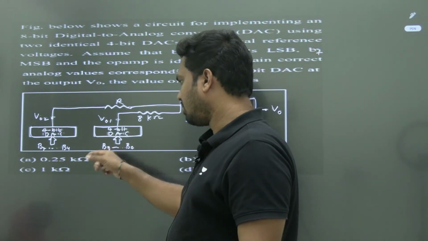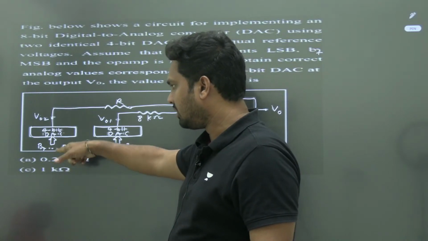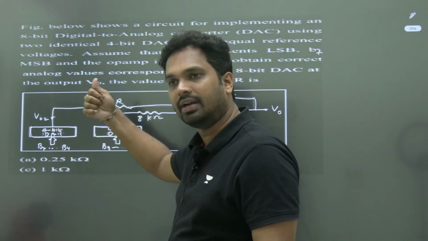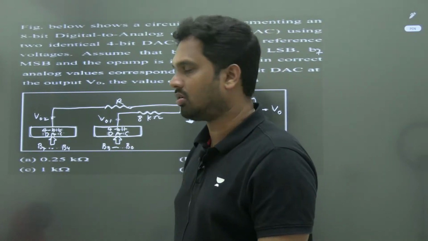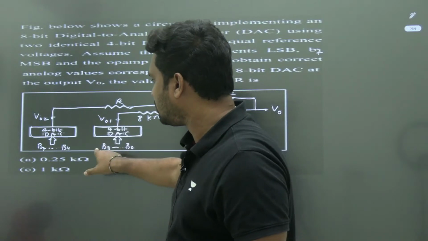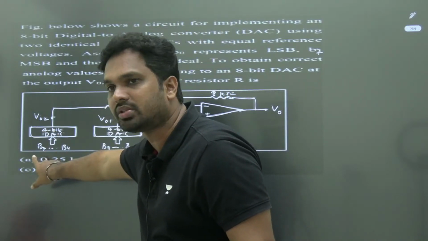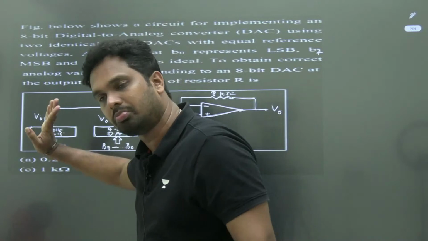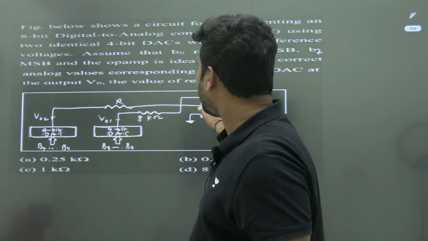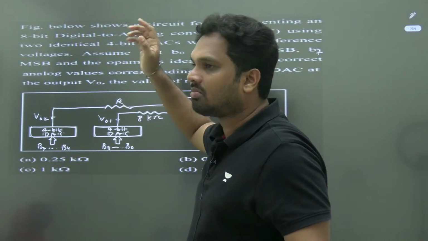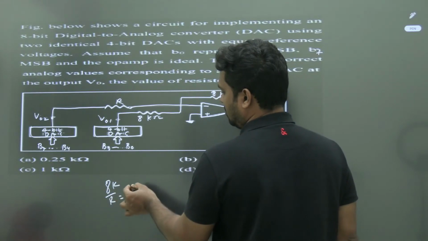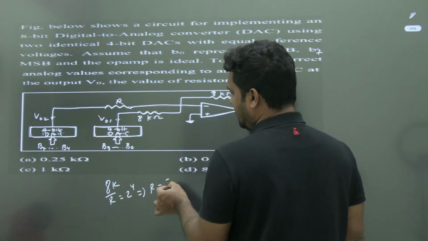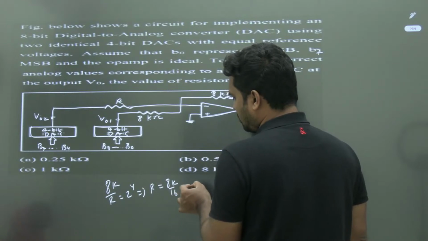Here normally it is taken as B0 only, because a 4-bit DAC has B0, but you should read it as B4. What is the difference between B0 and B4? 2 power 4. The bits are 2 power 0, 2 power 1, 2 power 2, 2 power 3. This should be 2 power 4, and this should be 2 power 7, but normally it takes 2 power 0 and 2 power 3 only. So it should be multiplied by 2 power 4. So the multiplication factor is 2 power 4. 8k by R must be 2 power 4. R must be 8k by 16, that is 0.5k.